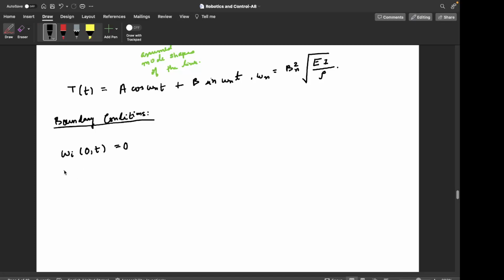At the end of the link, this is, I guess, for the fixed case, the deflection is also 0, and the derivatives are also 0.